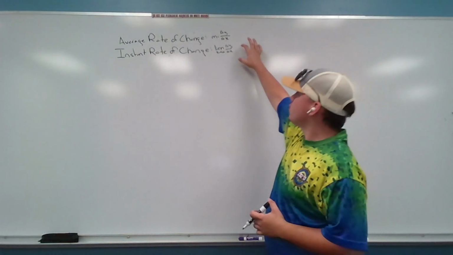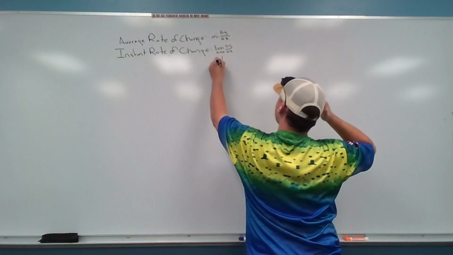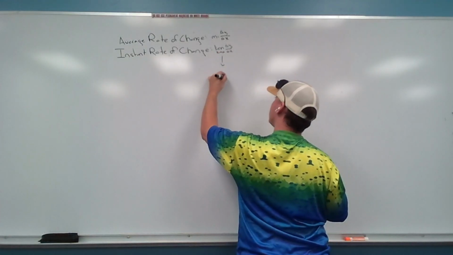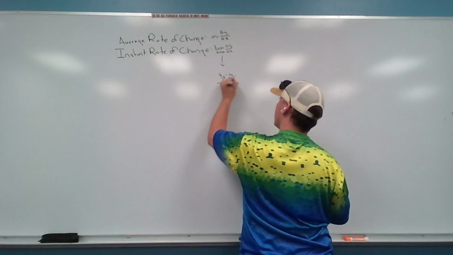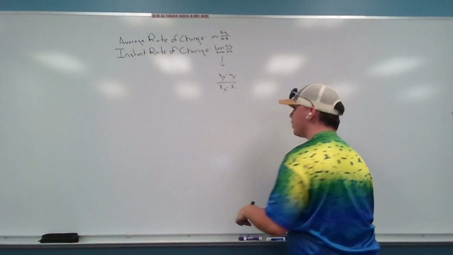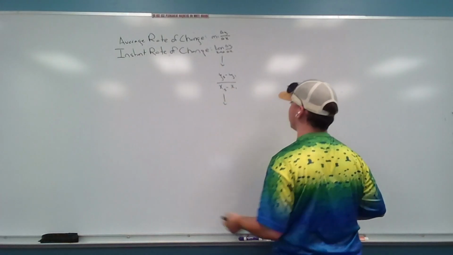And since it looks a little weird just to have change in y over change in x, what this becomes is y2 minus y1 over x2 minus x1. Now, we're going to go a step further and transform it again. What does this actually look like?